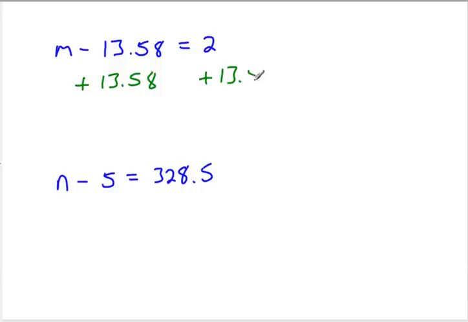So 13.58. Again, we always have to do the same thing to both sides. So on the left side, we end up with m, which is what we want because we got rid of these two things. And over here, 13.58 plus 2, well, if we forget about the 0.58 for a minute, 13 plus 2 is 15, so it's just 15.58.